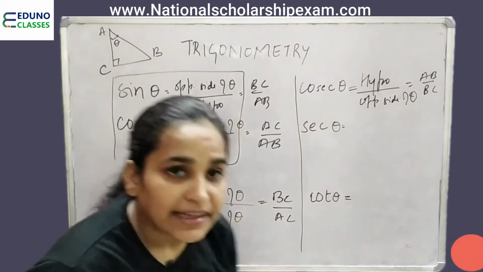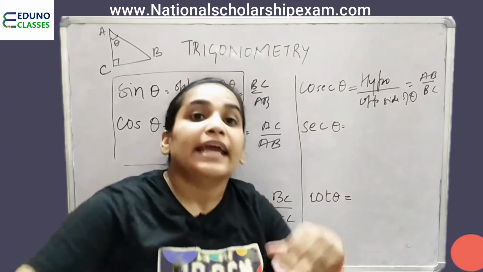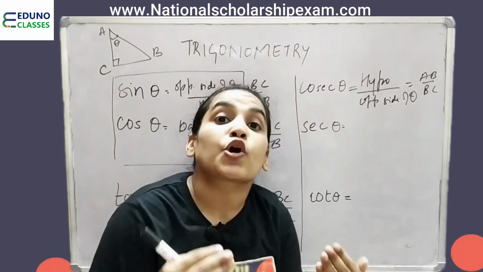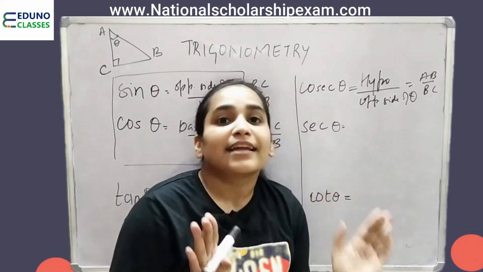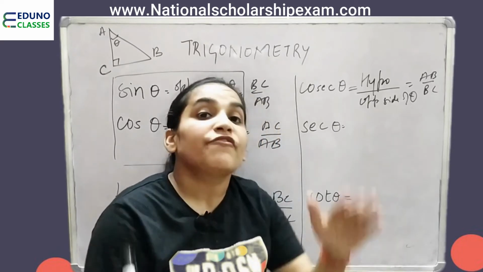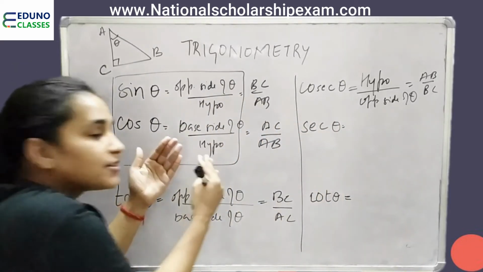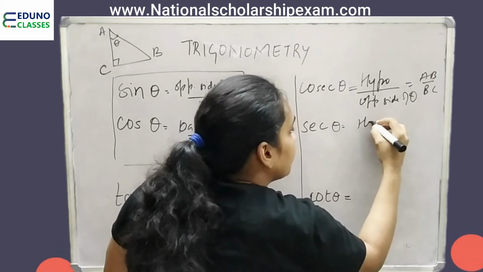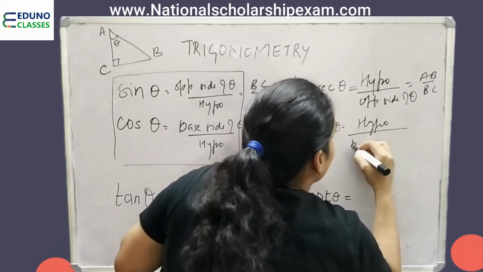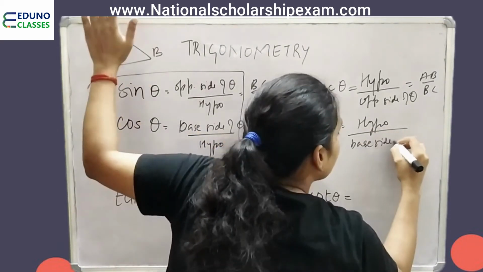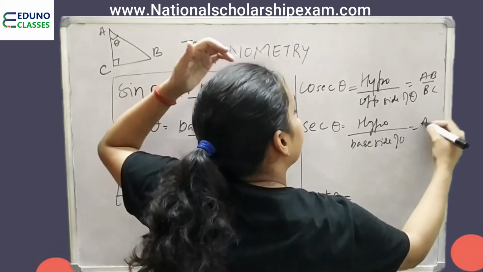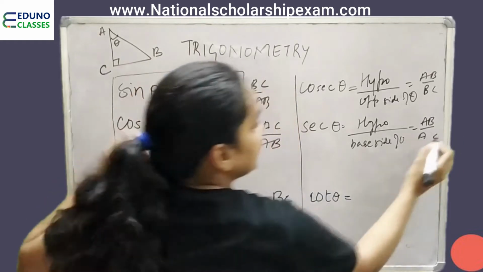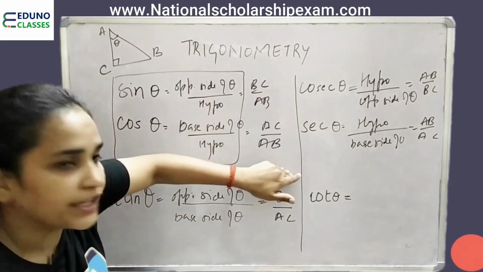Fine. Sec theta is nothing but the inverse or reciprocal of cos theta. So the reciprocal of cos theta is hypotenuse upon the base side of theta. For this particular triangle, hypotenuse is AB and base side is AC, so it is AB upon AC.